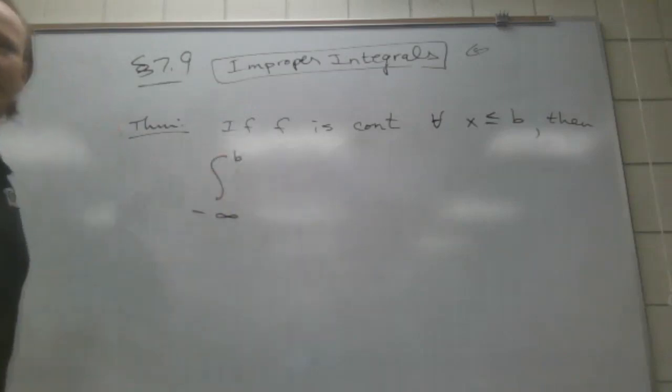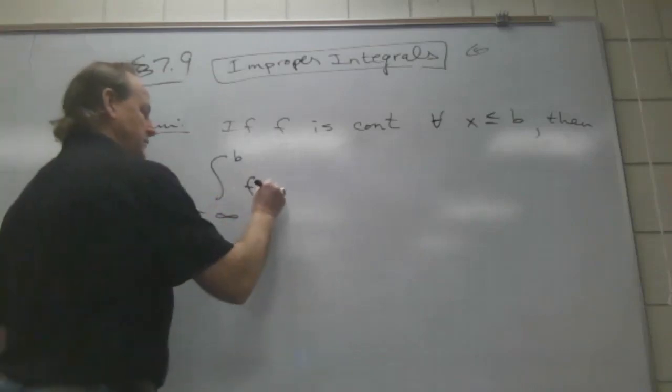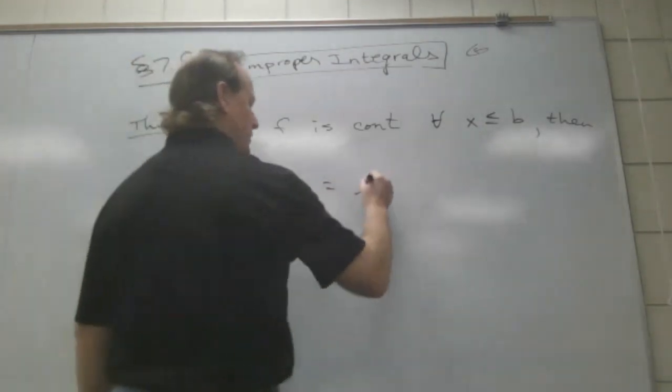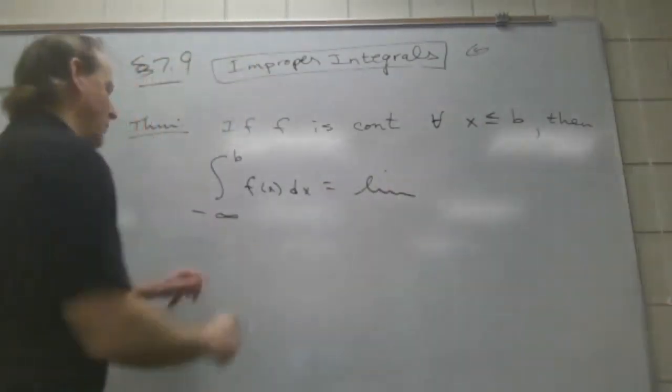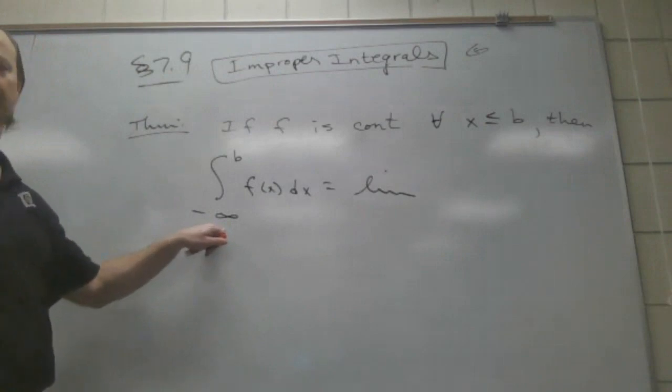So if I want to extend and go all the way left, we get a very similar thing, right? Of f of x with respect to x is going to be equal to the limit as, now what do I want to put here on the bottom? What letter do you think?